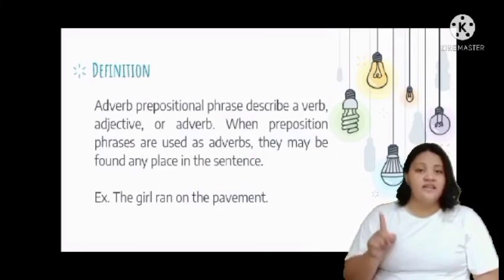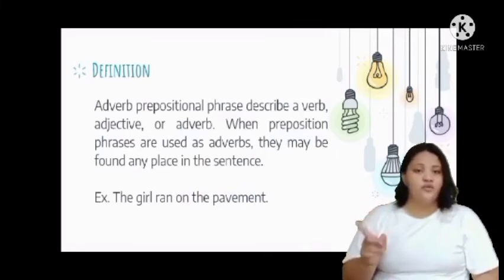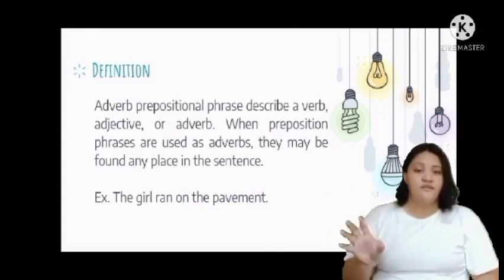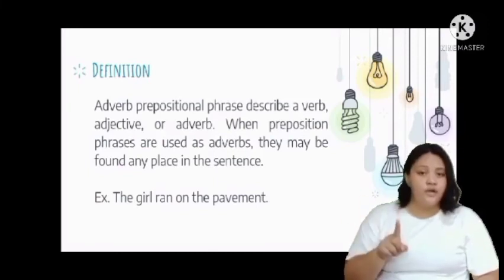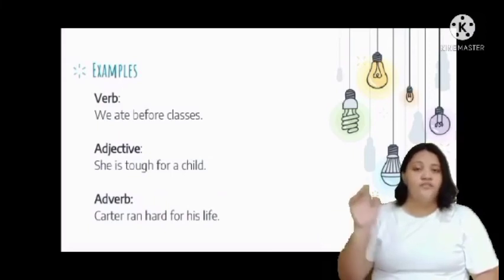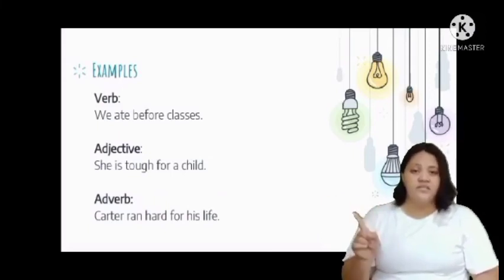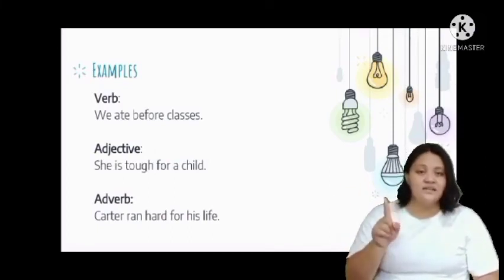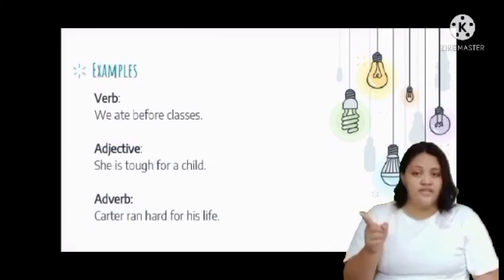Hence, it is an adverb prepositional phrase. Another example for a verb is "We ate before classes," where "before classes" describes the verb ate. And remember, "before classes" is a prepositional phrase.